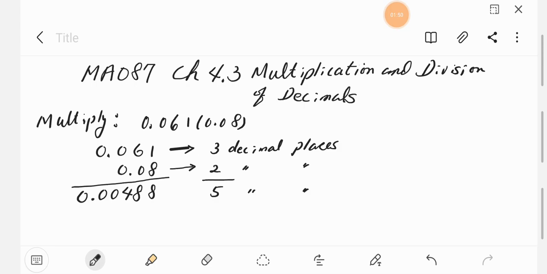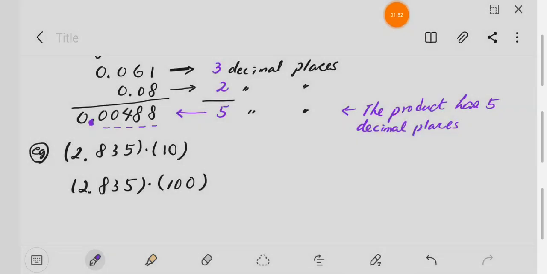Okay, let's try a different example. For this example, you are multiplying a decimal number by 10 or 100. So multiplying a number by 10, and 10 is greater than 1, so the product will be larger than the original number. So how large is it?